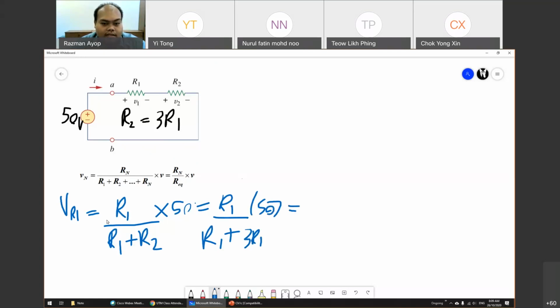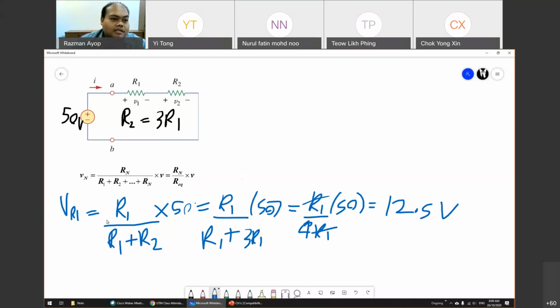So you get R1 divided by 4R1, times 50. You can cancel R1, and you get 50 over 4, which is 12.5 volt. So the voltage across here is 12.5 volt.